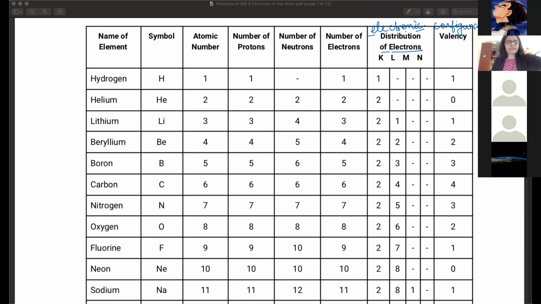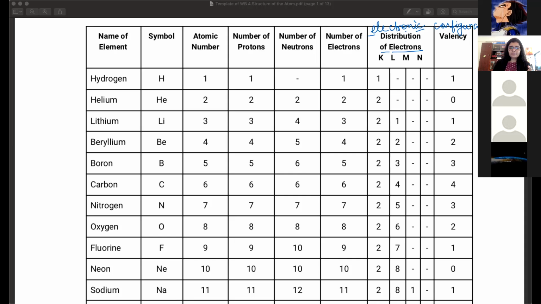How is it configured? What is the arrangement? So it's basically the distribution of electrons. So how do you distribute electrons? Simple, two simple rules. One is you check how many electrons are there total. And then you slowly start filling it based on this 2n square rule.